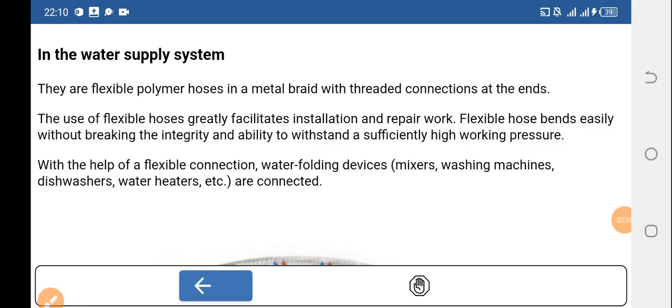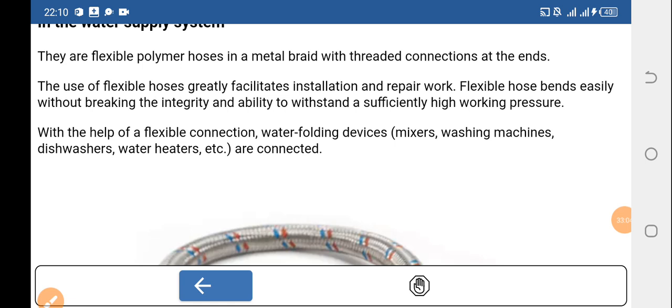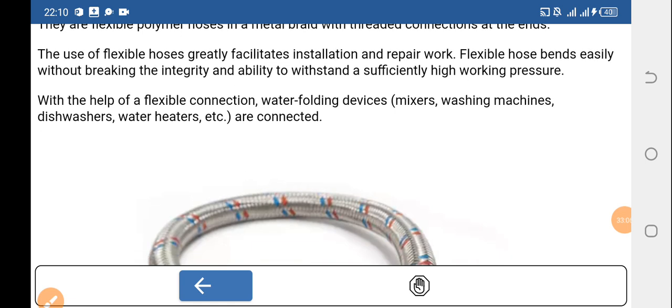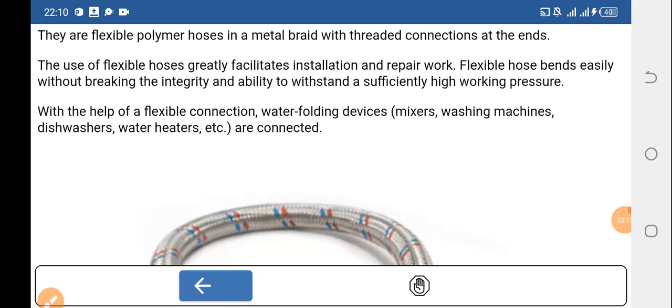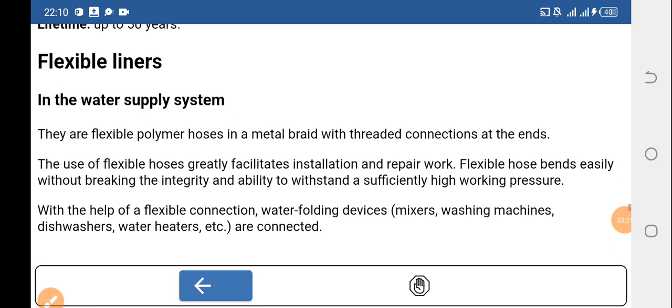Flexible hose bends easily without breaking integrity and is able to withstand sufficiently high working pressure. With the help of the flexible connection, water-consuming devices like mixer taps, washing machines, dishwashers, and water heaters etc. are connected. So I'm talking about the flexible connector pipes.